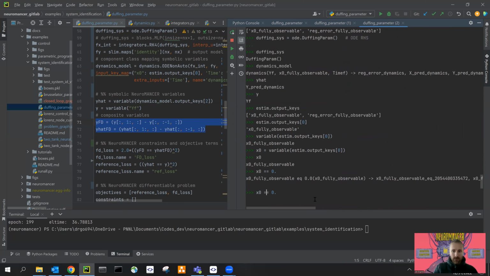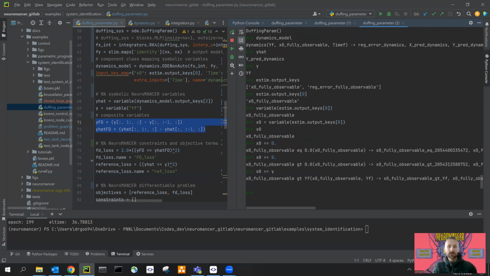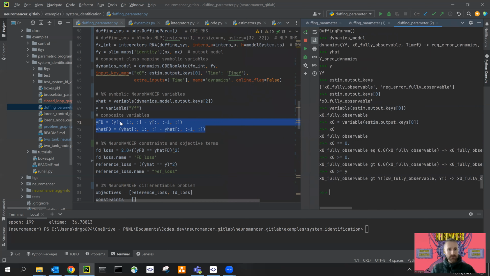Or I want to say this initial condition needs to be always positive. It can go like this. Or I can do a comparator with different types of variables, and I can say this needs to be larger than y. Okay, so that's the way how you define the variables and define the objective terms and the constraint terms.